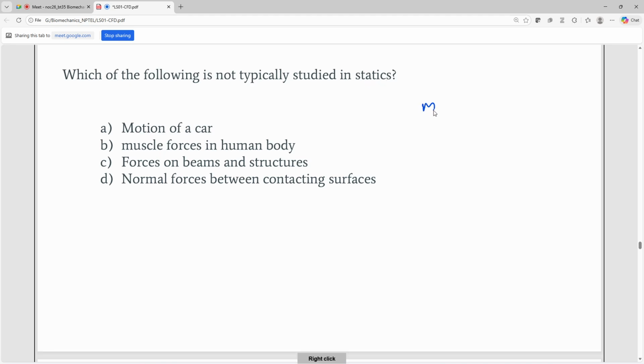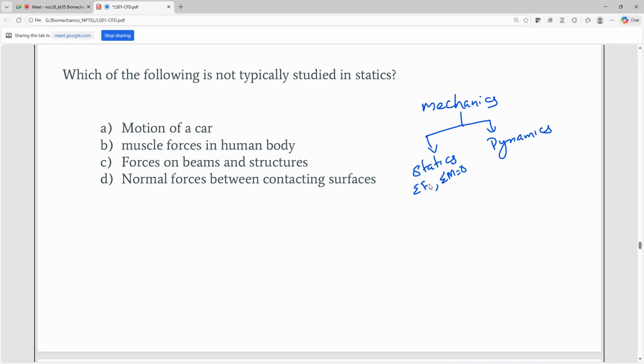Classical mechanics is split into two, that is statics and dynamics. So if net force and net moment are equal to 0, that is statics.